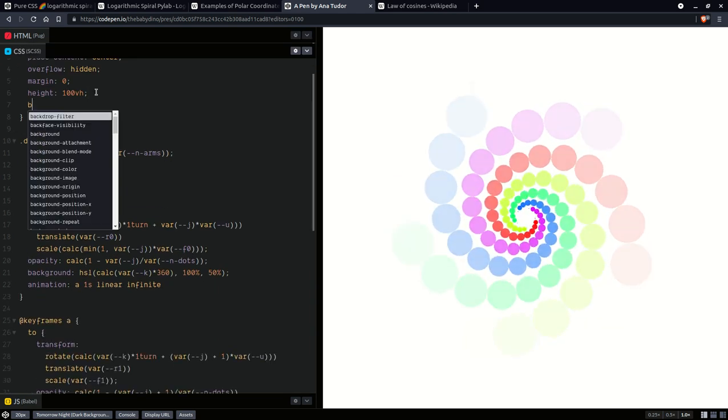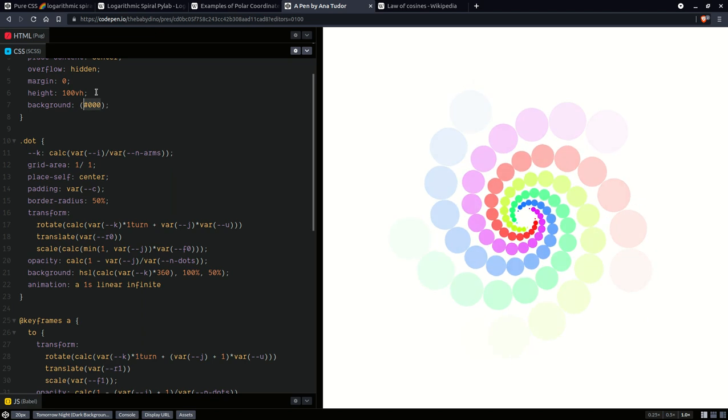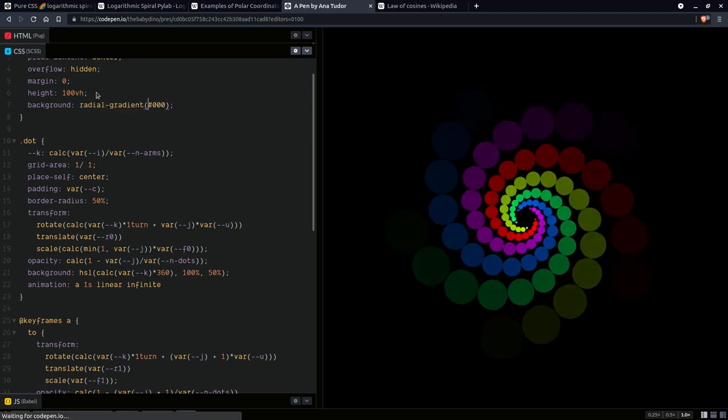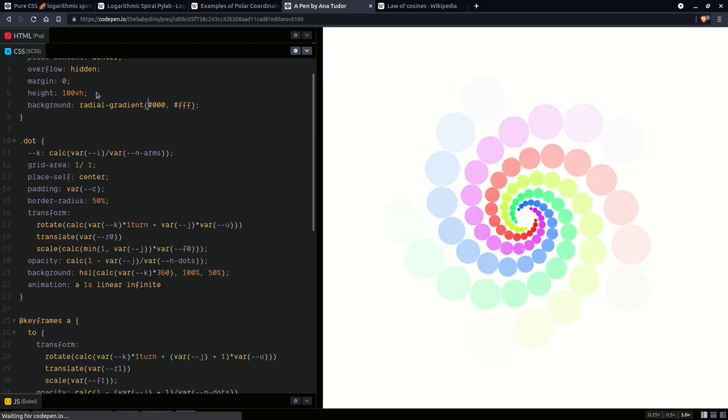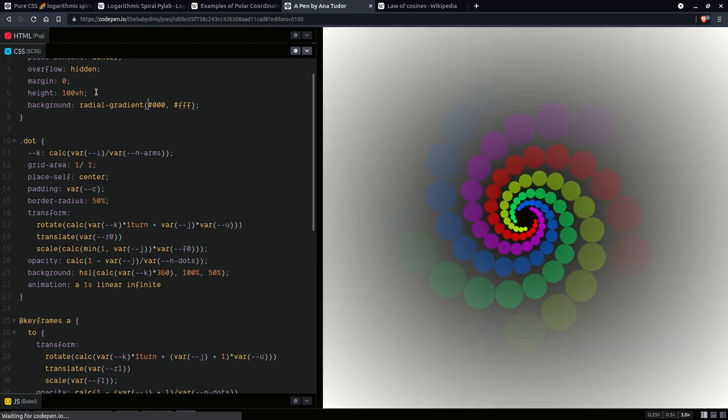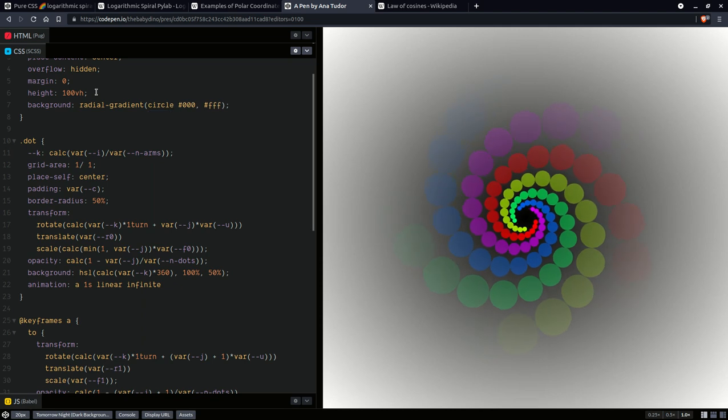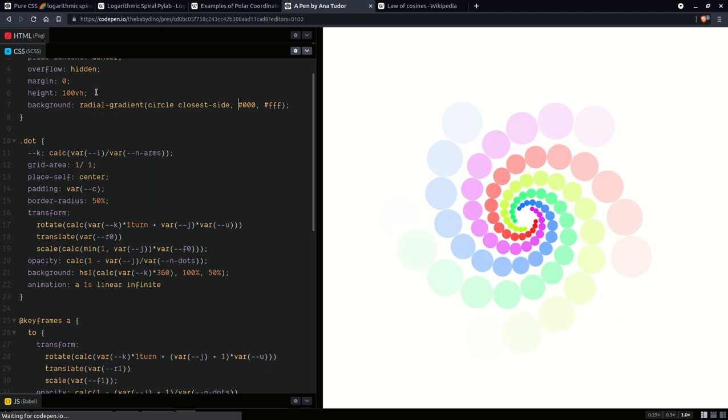So let's say that we can set a background here, and let's say it can be a radial gradient from black to white, and let's say that it's going to be circle closest side, something like that.